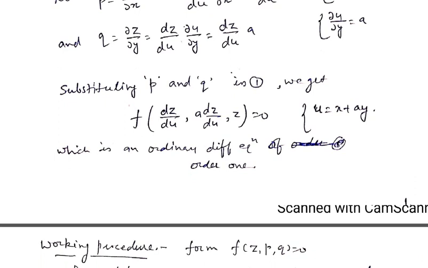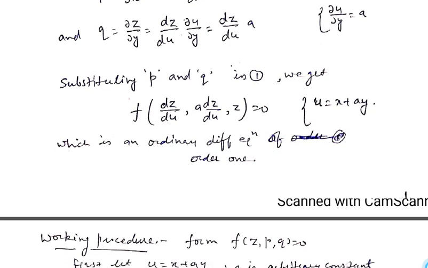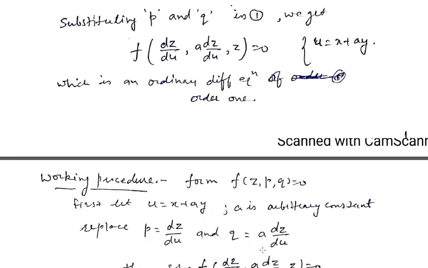So if we have a non-linear partial differential equation in terms of p, q and z only, and x and y are absent, then very first we assume an independent variable u, which equals x plus ay. It means we convert the independent variables to another independent variable using the relation u equals x plus ay. Now we replace p by dz upon du and q by a dz upon du.